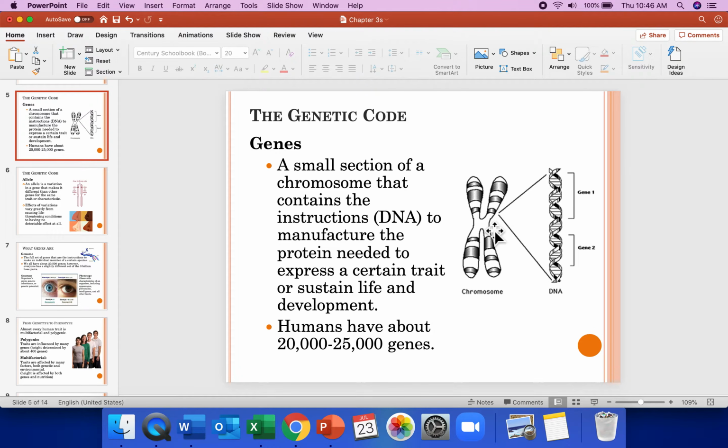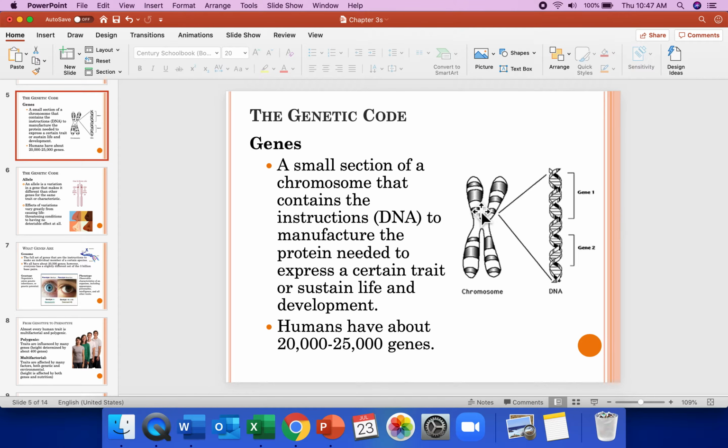A small section of a chromosome is of course a piece of DNA, and when we say you have your mother's genes, or your personality is just like your dad's, this is because genetic material is basically carried on the genes.